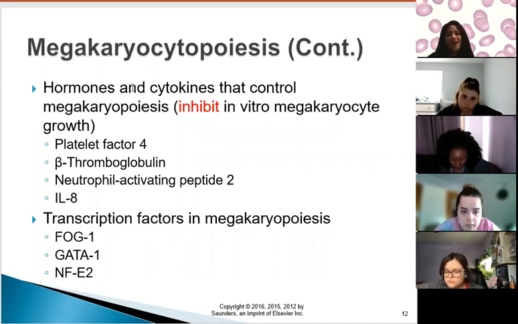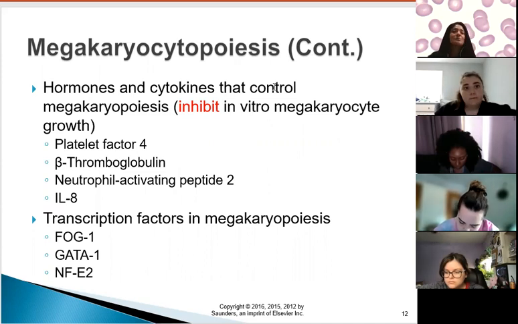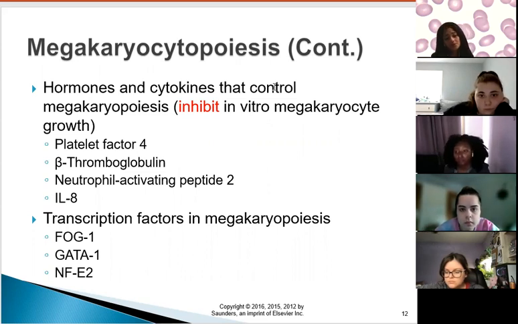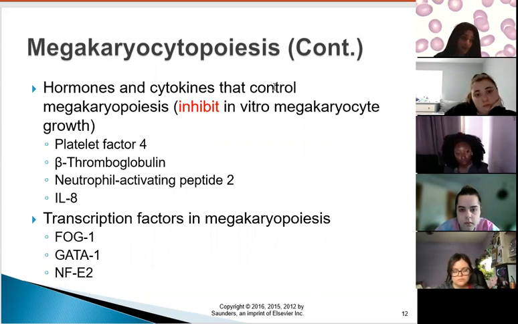Okay, we also have hormones and cytokines that control megakaryopoiesis. And what I mean by control is you can't be producing all the time. The way the body functions is that it knows when it has too much of something, and it uses certain proteins to regulate that, or to stop that process.